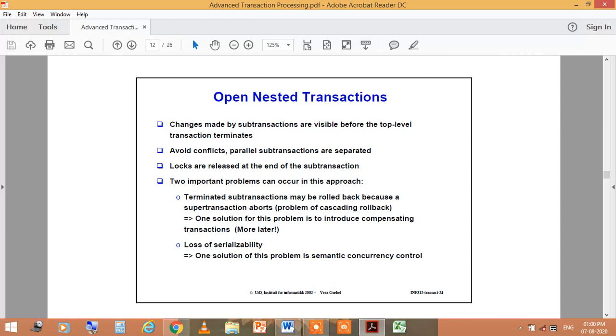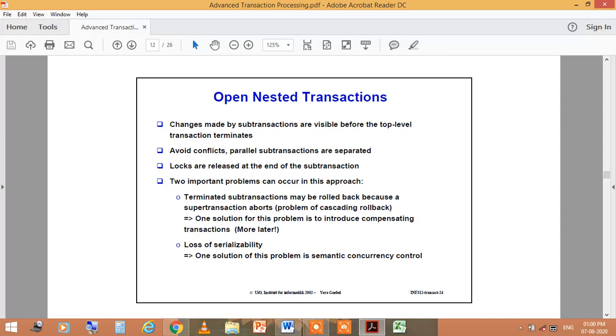So in this, the sub transactions are visible before the top level transaction terminates. To avoid conflicts, parallel sub transactions are separated. Now another thing is the locks are released at the end of the sub transactions. Another is, two important problems can occur in this approach.